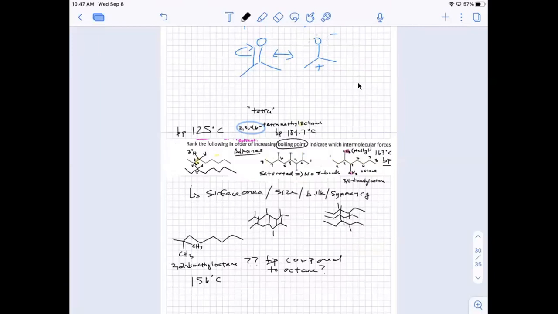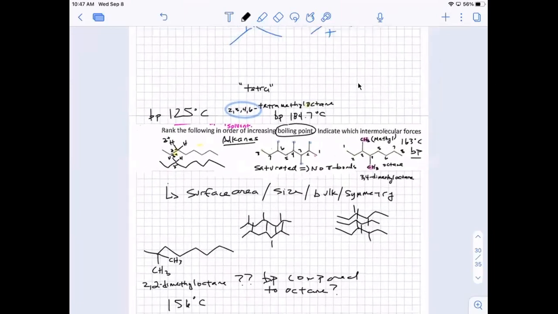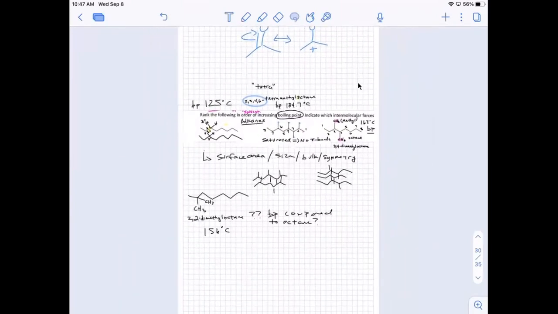But the only time you start experiencing hydrogen bonding or dipole-dipole interactions is when you have other functional groups that can create those situations. So if you don't have a functional group present that can create a dipole or do hydrogen bonding, then it's all van der Waals. That's a good question.